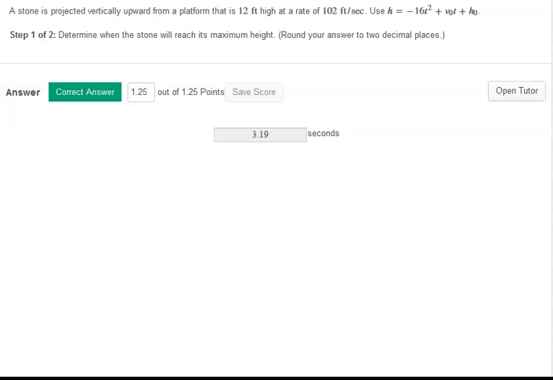Now in this next example, we have a stone is projected vertically upward from a platform. So let's make our little platform here. This is 12 feet high. It's going to be thrown up, and then eventually it's going to fall down. And they're giving us some parameters here, and this is the formula we're going to use.